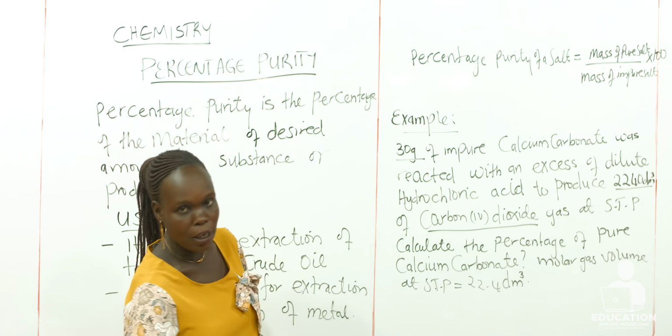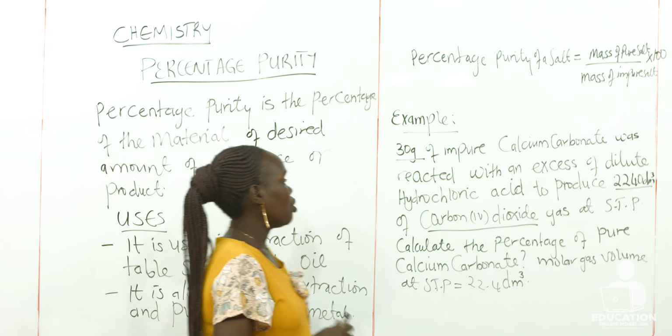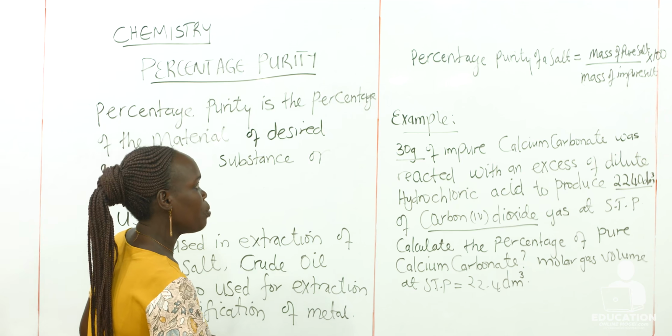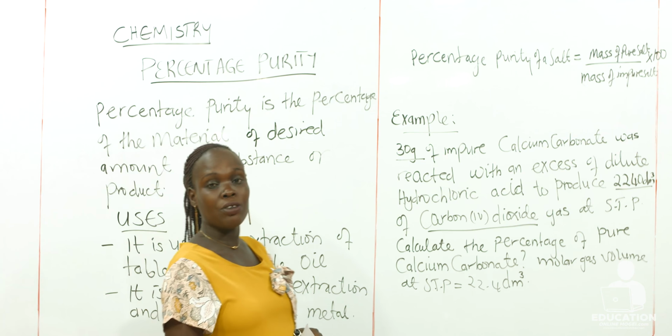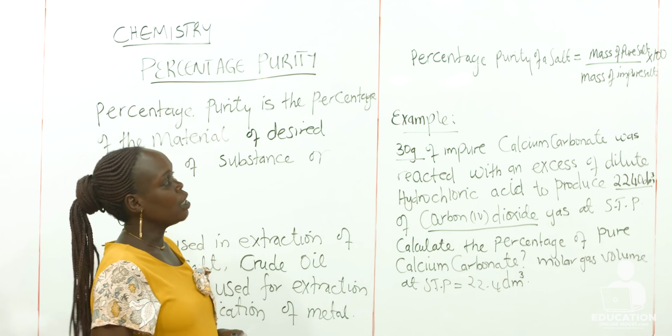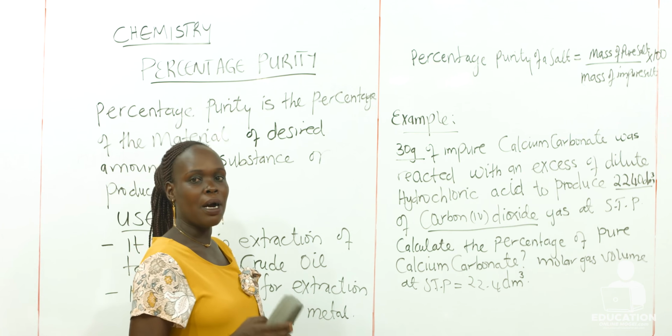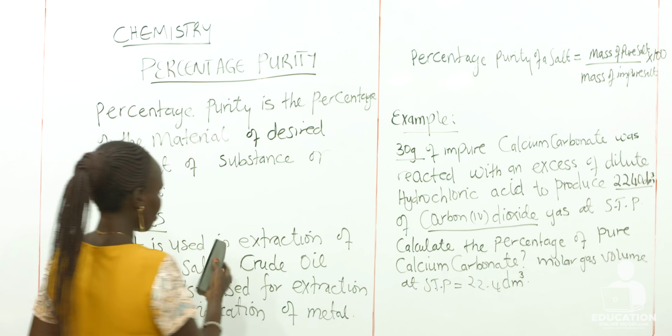In this case, we have to remember that we are going to use the formula above, which says that the percentage of pure salt will be equal to the mass of pure salt divided by the mass of impure salt, then we multiply by 100.